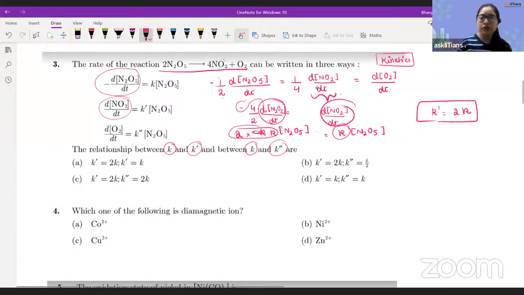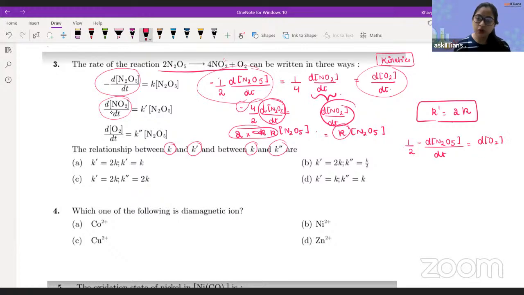This is one thing that I can say. Another thing, if I want to know this relation with this relation: I know that half of minus d[N2O5]/dt is equal to d[O2]/dt.